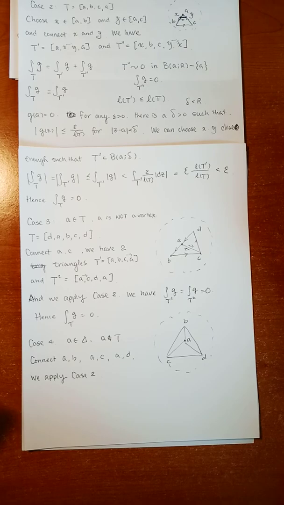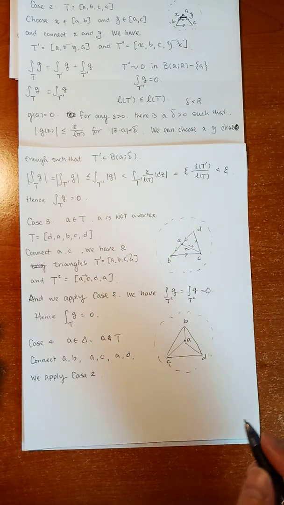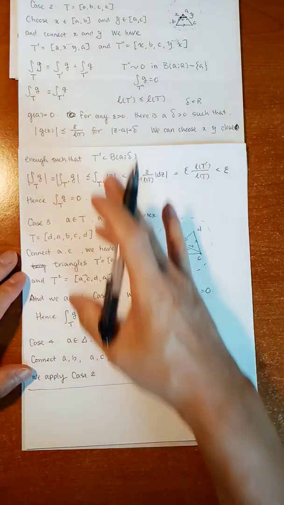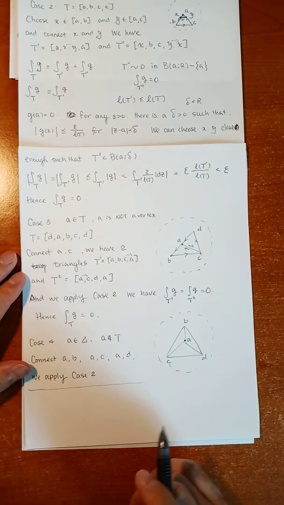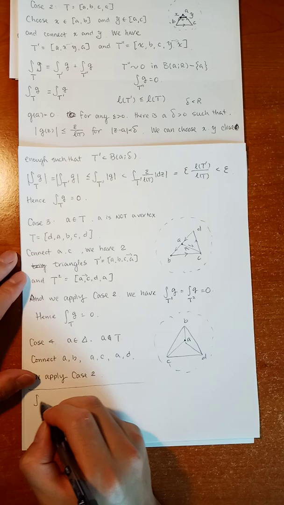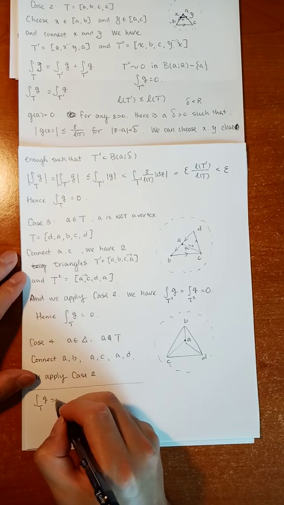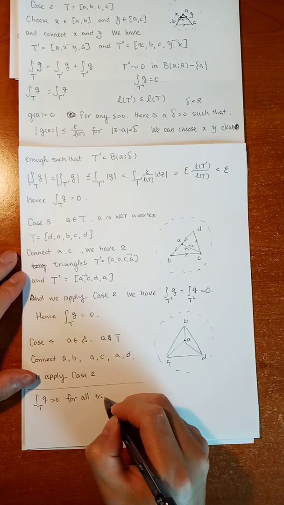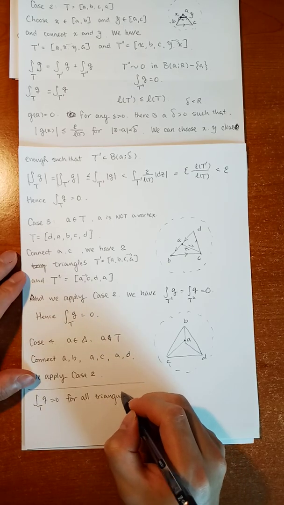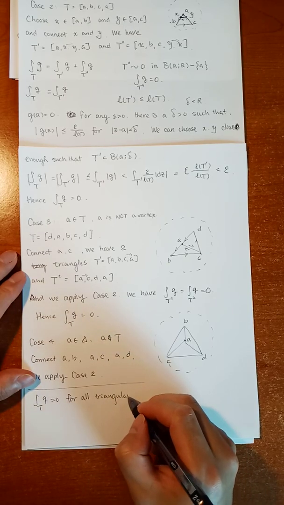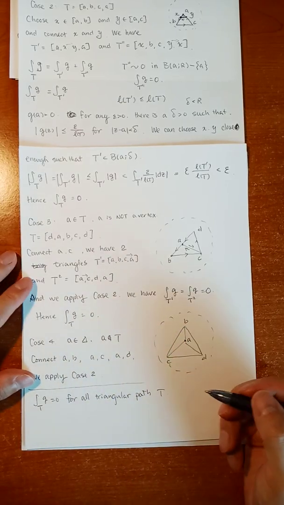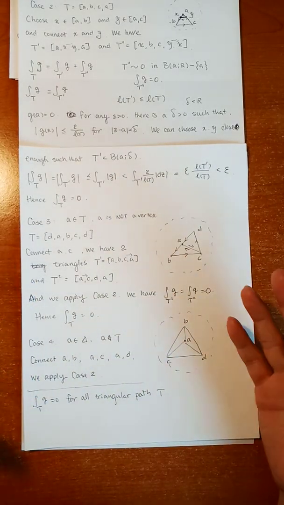So eventually, collecting all 4 cases, we see that the integral of G along T is equal to 0 for all triangular paths T. So we apply the Morera theorem, we get G is analytic.